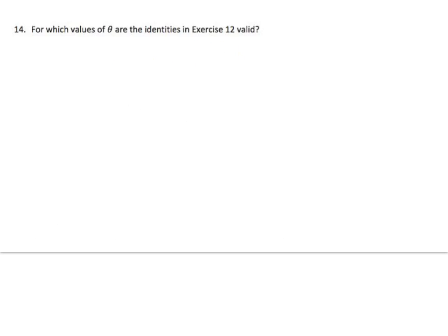Next question. For which values of theta are the identities in exercise 12 valid? Okay, exercise 12 was a few slides ago.